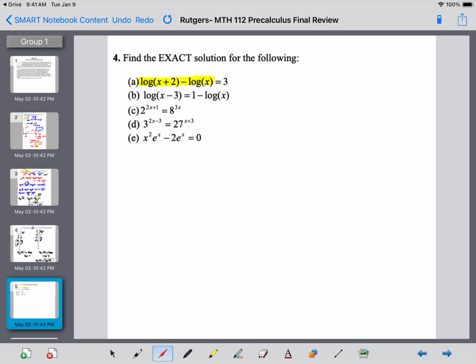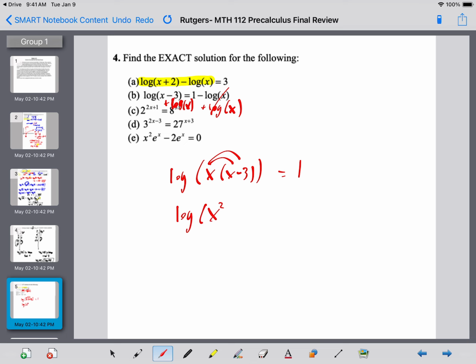So now for B, I have plus log of x. So that is my product law. So that's the same as saying log of x times x minus 3 equals 1. I can multiply out the x. So that's log of x squared minus 3x equals 1. Again, this is your common log, so that's base 10. Could say that x squared minus 3x equals 10.